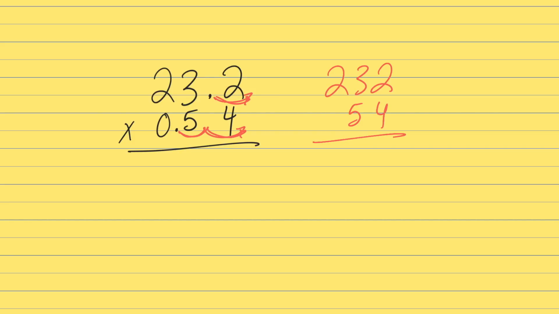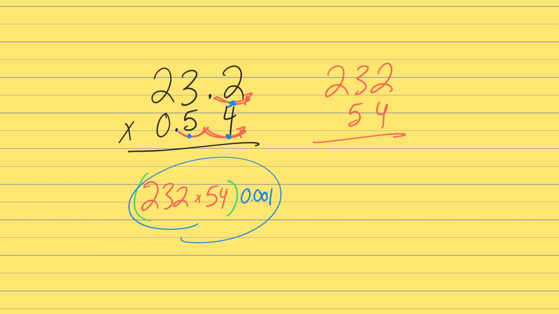So there's 3 decimal places. That means we're actually doing 232 times 54, and then times 1,000th. 10, 100, 1,000. 10 times 10 times 10 is 1,000. So we have to make it 1,000 times smaller eventually.